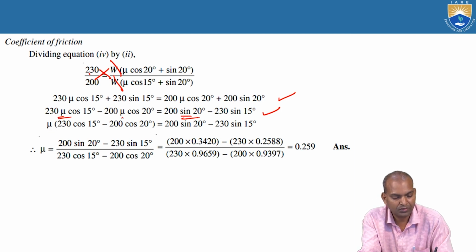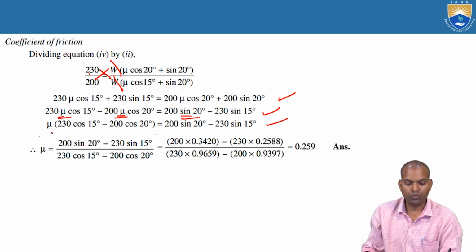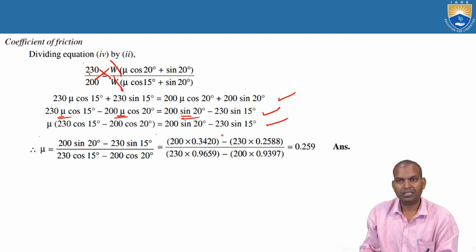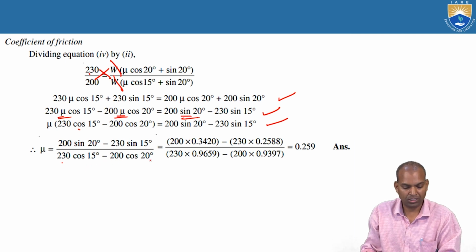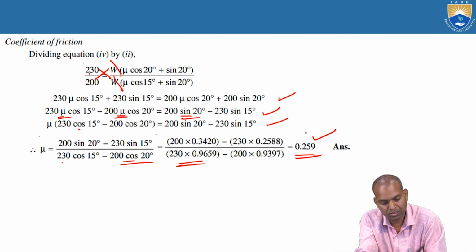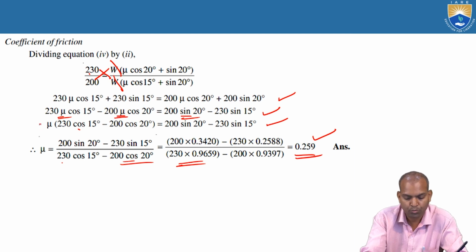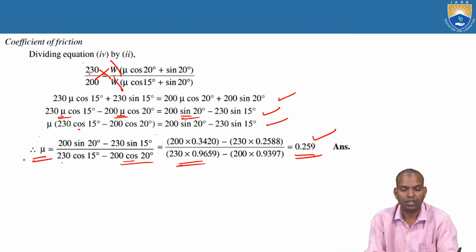Taking mu common, mu equals (200 sin 20 minus 230 sin 15) divided by (230 cos 15 minus 200 cos 20). After substitution, the calculated coefficient of friction is 0.259.